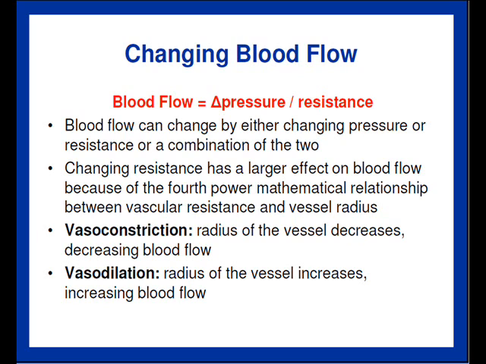Changing resistance has a larger effect on blood flow because of the fourth power. Vasoconstriction, vasodilation, you know those terms, right? Vasoconstriction means the radius of the vessel is decreasing. Vasodilation is opening up.